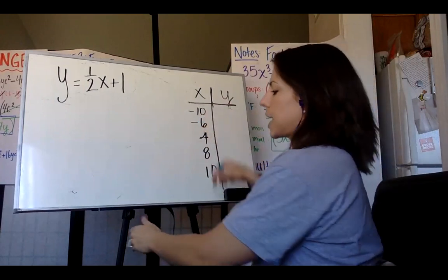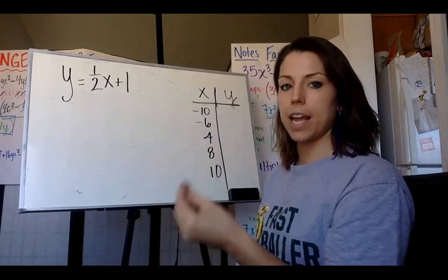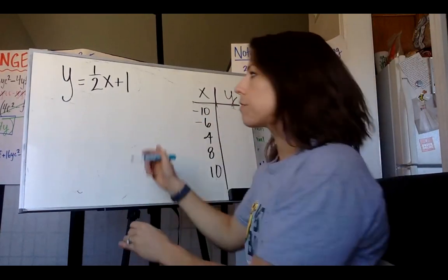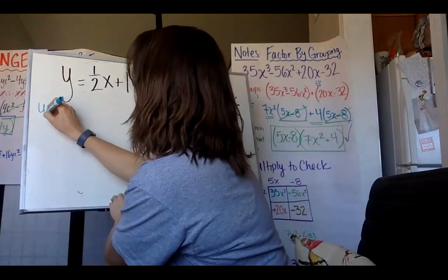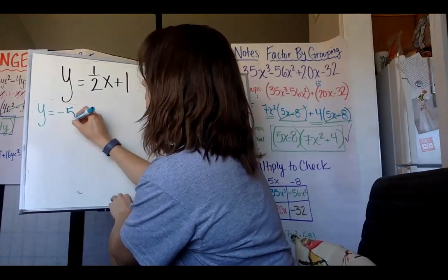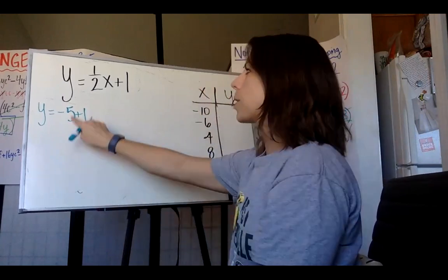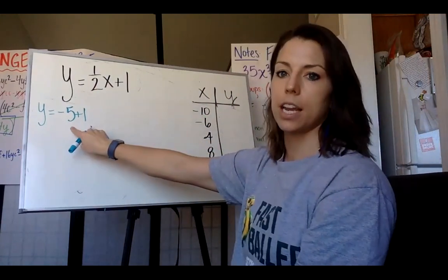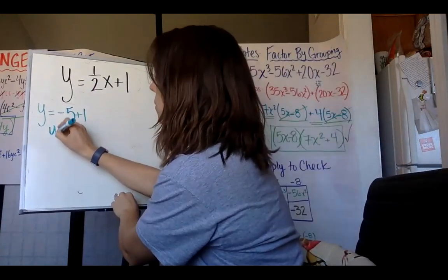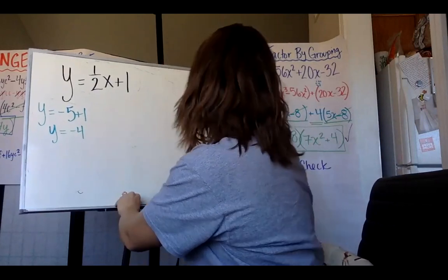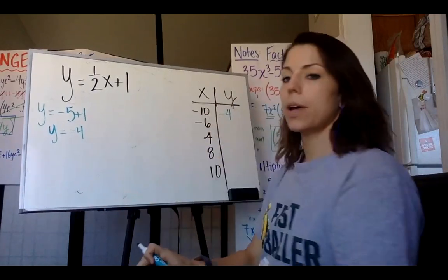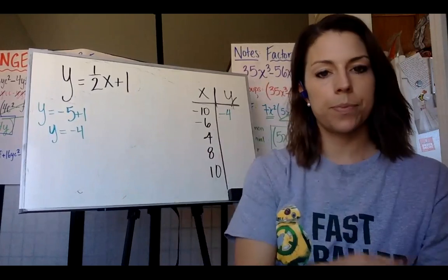When I plug in -10, what's half of -10? -5. So my function becomes -5 plus 1, which is -4. So my first output is -4.